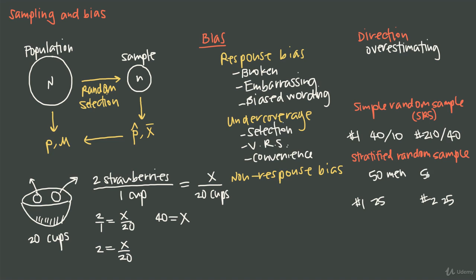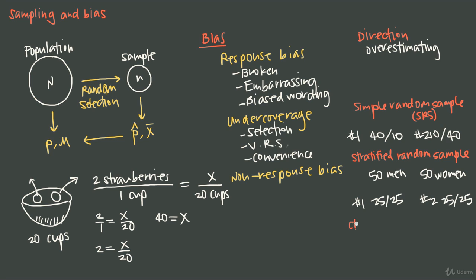And then we take our 50 women and we divide them into the two groups, 25 into group 1 and 25 into group 2. We still used a random number generator to split them up, so the way we split the women was completely random. But now, because we've separated the men and the women, we have 25 men and 25 women in each group, so that's a stratified random sample that will help us control for an effect that gender might have on our survey or the study that we're doing.